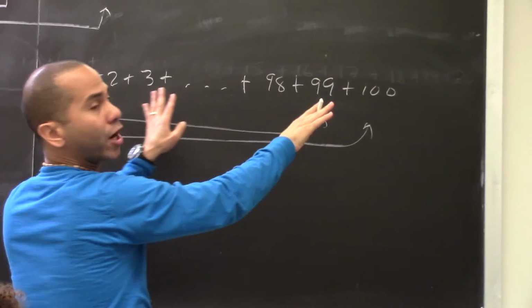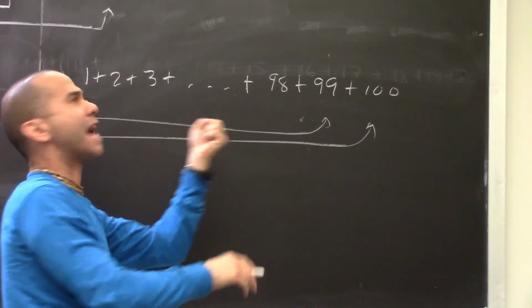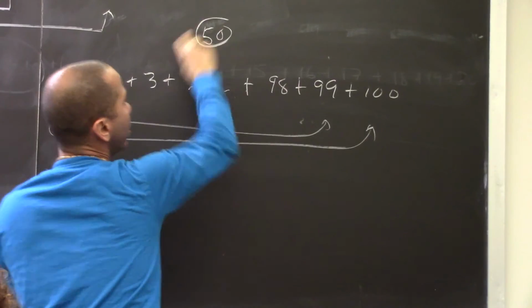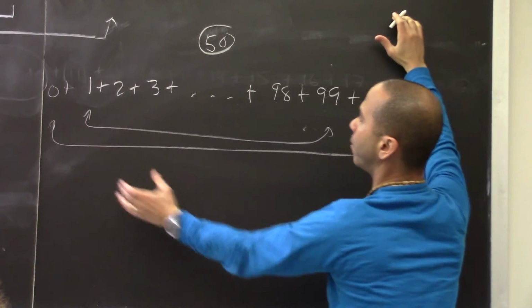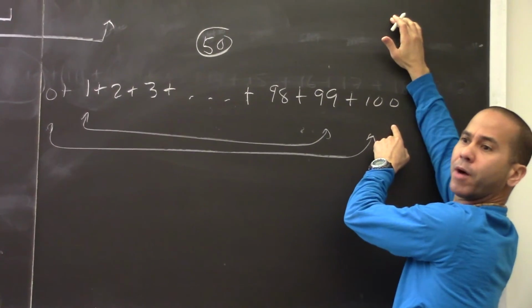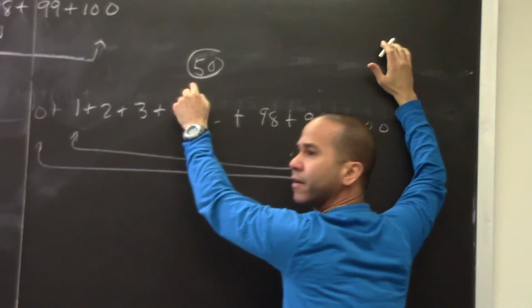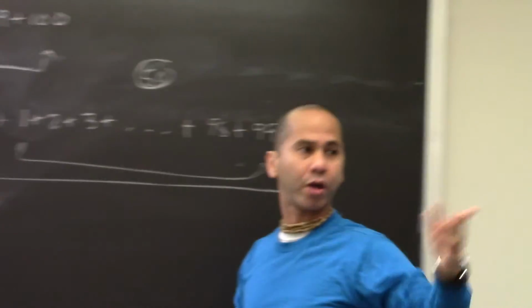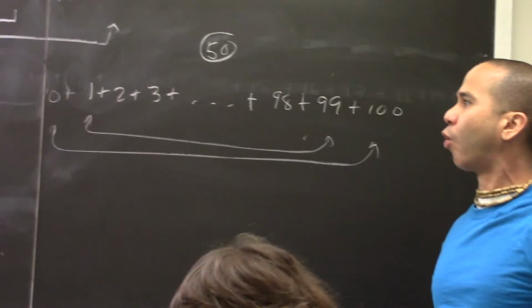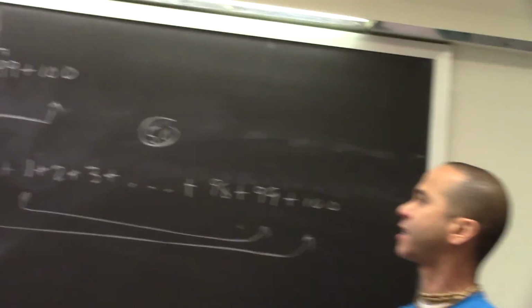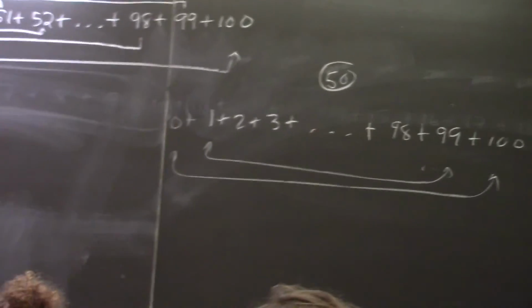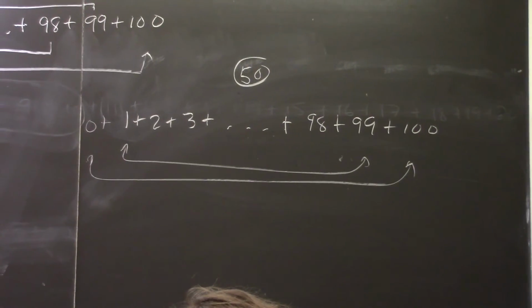But then, now we have 101 terms, we're going to have one guy in the middle, which is going to be 50. So we're going to have 50 groups of 100, which is how much? 5,050. So we could have taken your idea further, so it works also, and it's essentially the same idea. That's what Gauss came up with as a 6-year-old boy, one of the greatest mathematicians who ever lived.